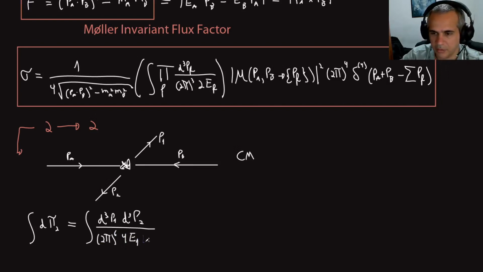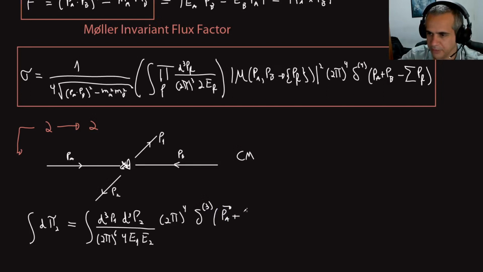Then I have this part, (2 pi)^4, and I will separate the 3 momenta from the energy. So the delta for the 3 momenta is just PA plus PB minus the sum of final momenta, P1 and P2.